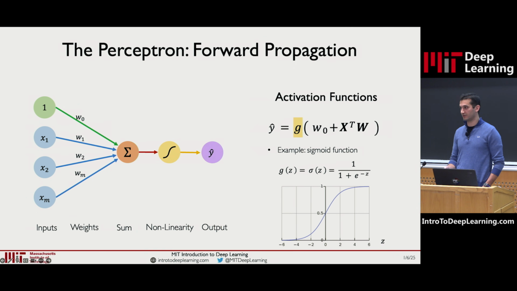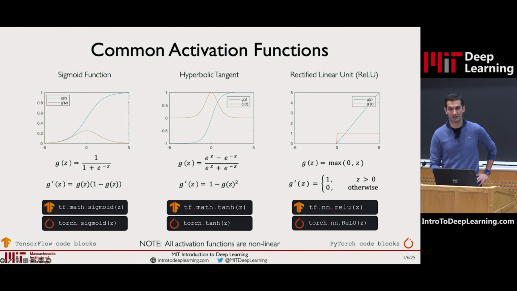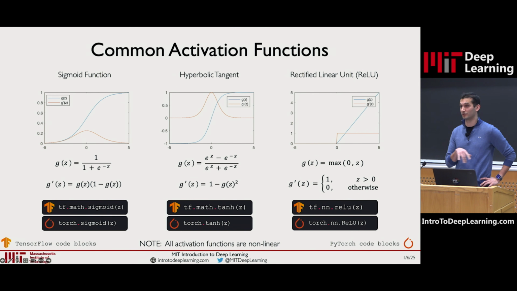Now you might be wondering, I've mentioned this nonlinearity a few times. What is this thing? Well, I said it's a nonlinear function, but what exactly is it? One common example here would be what's called the sigmoid function. The sigmoid function, you can see right here, can act over any real number on the x-axis, but it outputs only between 0 and 1. So the sigmoid function is really good for things like probabilities, if you wanted to convert the output of your perceptron, your neuron, to a probability.